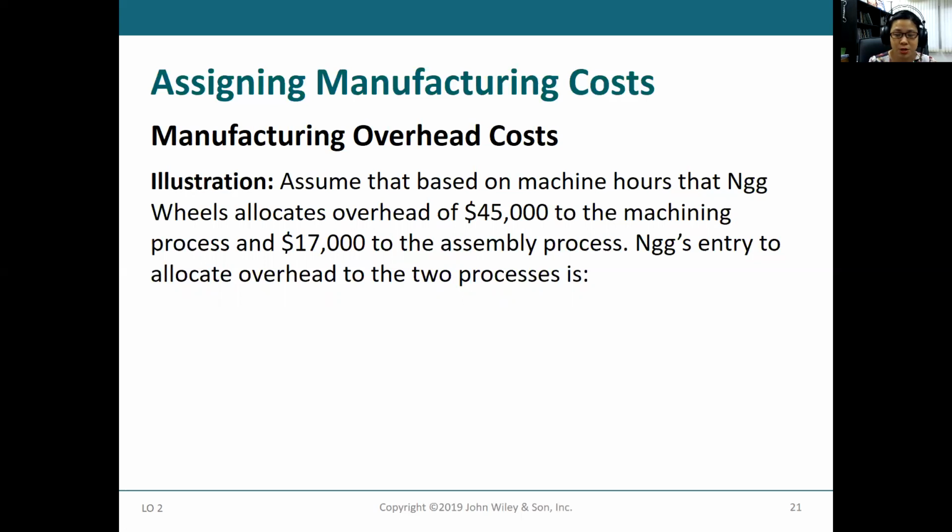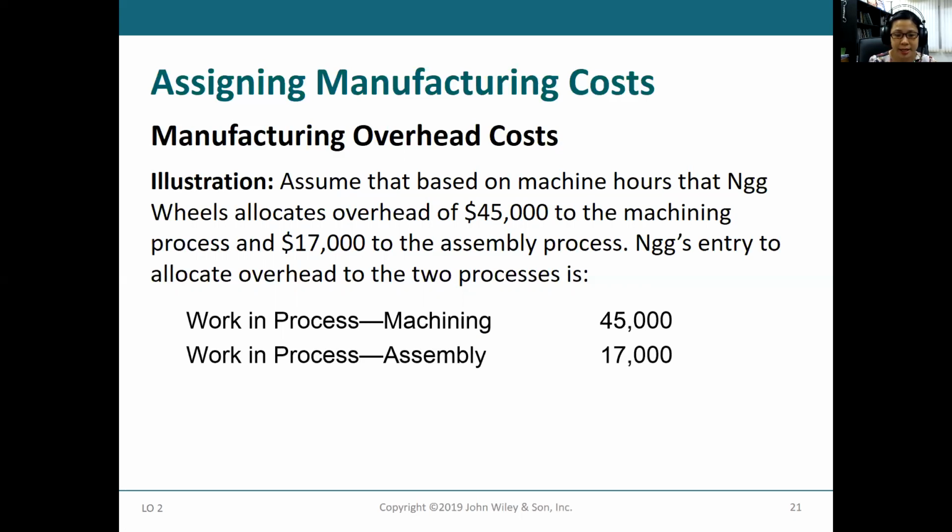The entry to allocate overhead to the two processes will be debit work in process machining 45,000, because we allocate 45,000 to the machining process, and debit work in process assembly 17,000, because we apply 17,000 of manufacturing overhead to the assembly department. And finally, we credit manufacturing overhead for 62,000.